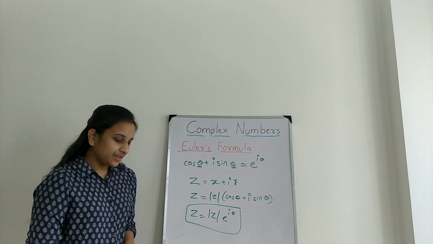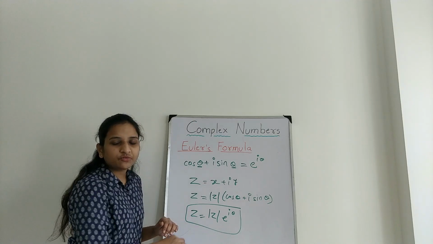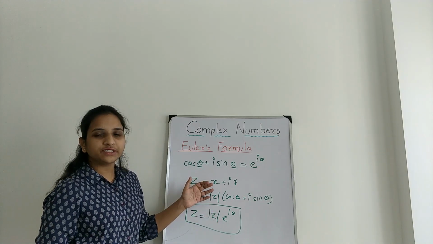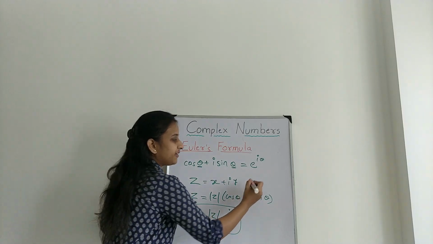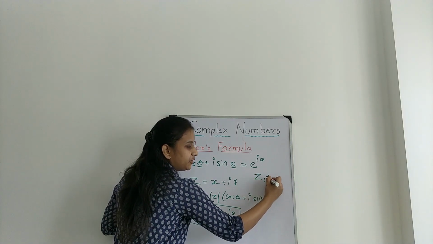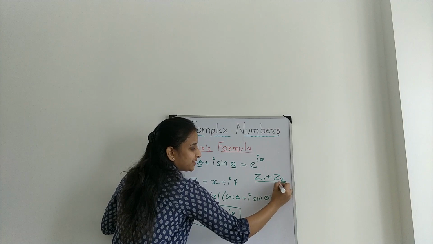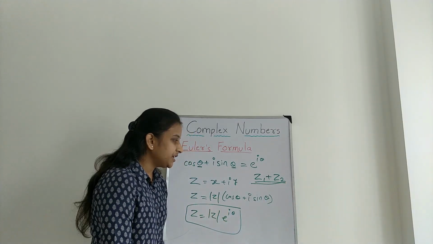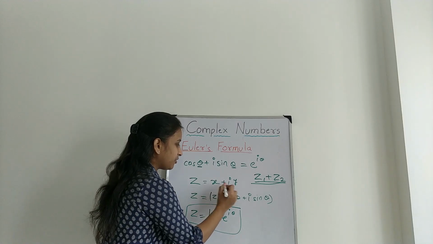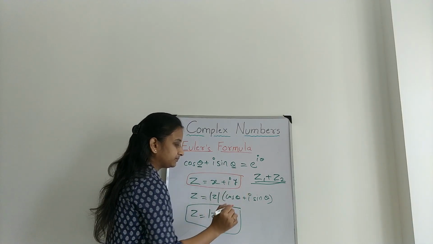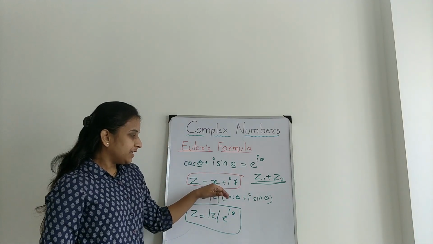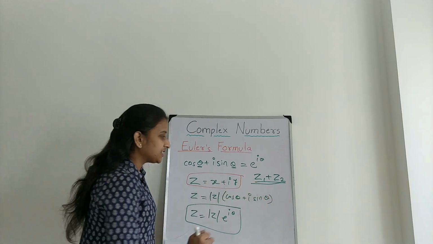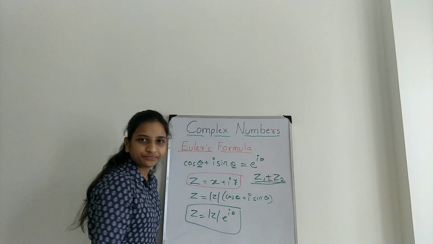Now, what's the use of this formula? There are so many forms, and what's the use of these forms? Whenever there is a z1 plus z2 type of equation, addition of two complex numbers, in Cartesian form addition is very easy, as well as subtraction.